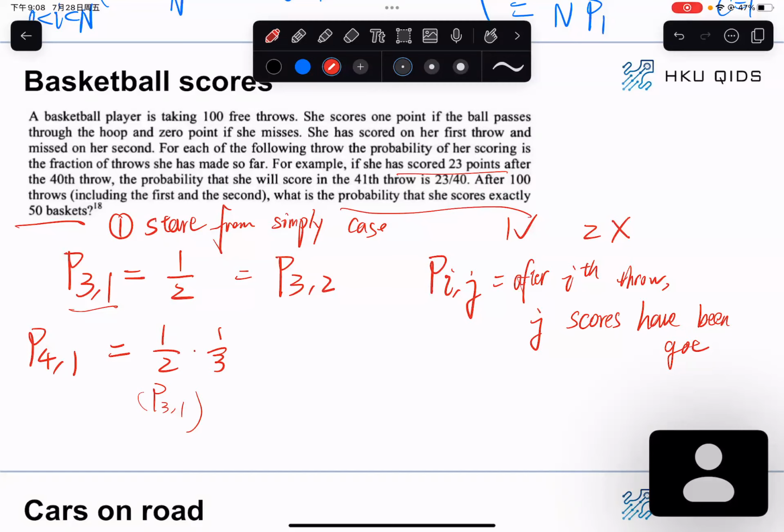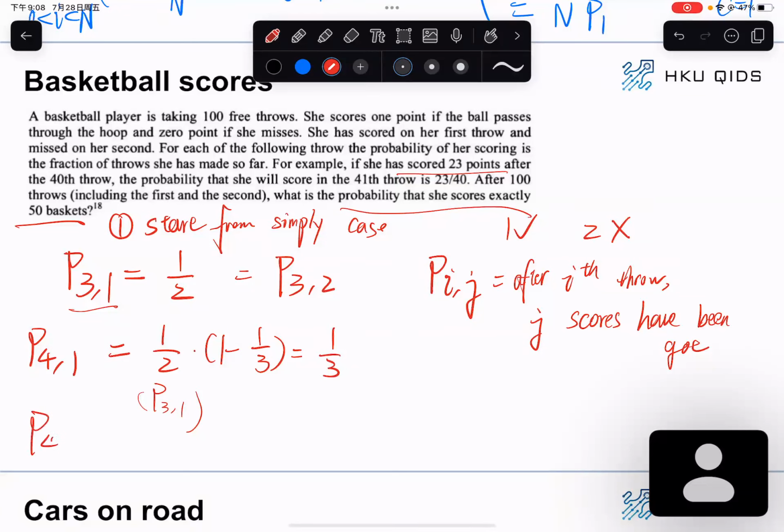So the probability he is going to score is 1/3. And so this is going to be 1 minus 1/3, which is going to be 2/3.